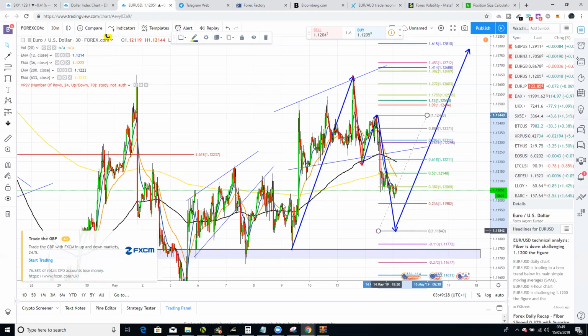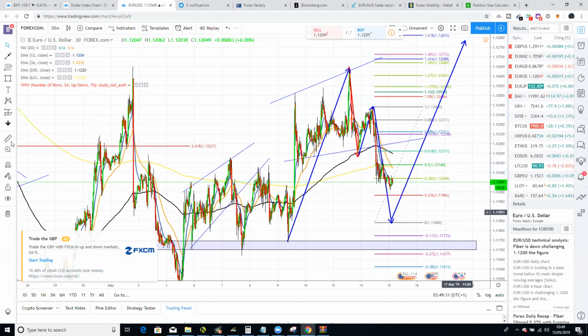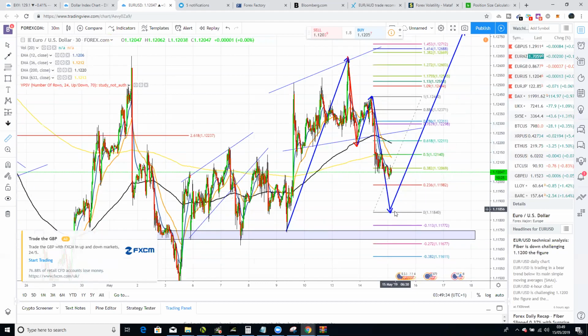Then have your first target at 38.2, which is going to be about 21 pips, okay? And obviously, you have your stop just below the lows at 14 pips. So that's a 2-to-1 risk reward ratio if you get there.